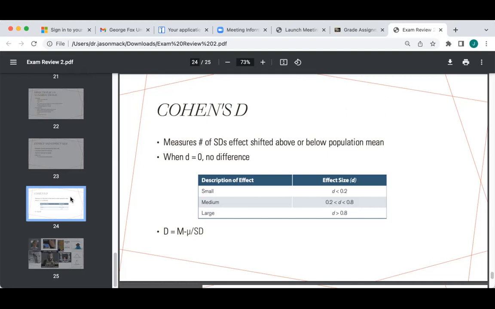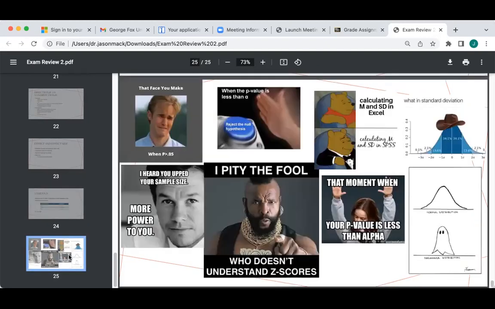And then I made some memes because I thought it would lighten the mood. I just found these on Google. They have probability, and this one says Excel versus SPSS. But yeah, that's it.